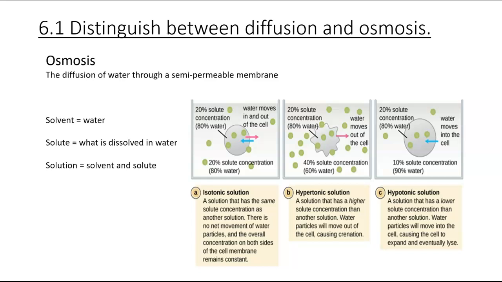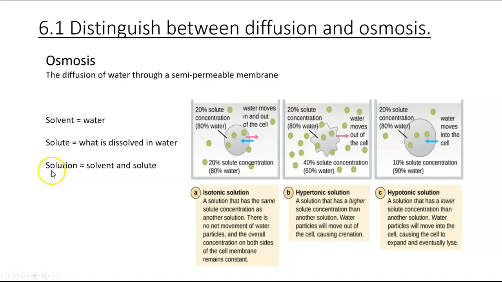So osmosis, the diffusion of water, meaning the movement of water from high concentration to low until you get to equilibrium through a semi-permeable membrane. What we're talking about is how water moves into and out of cells. And this has a big impact on where bacteria can grow, or where any cells can grow, and what conditions favor their growth.